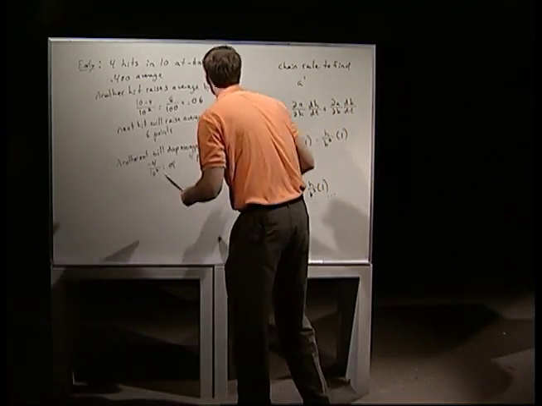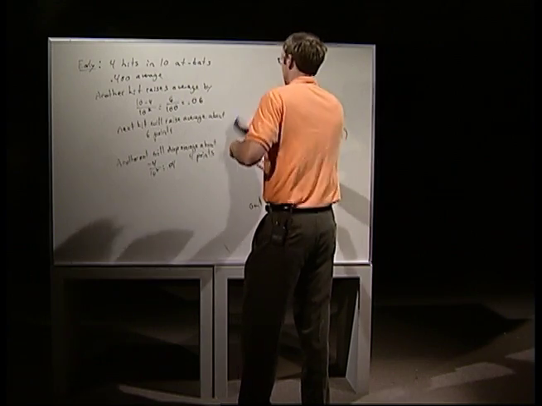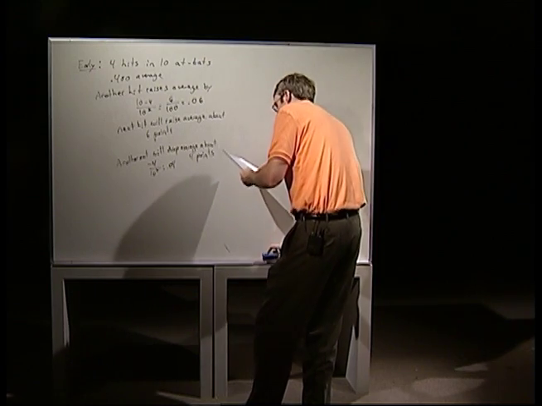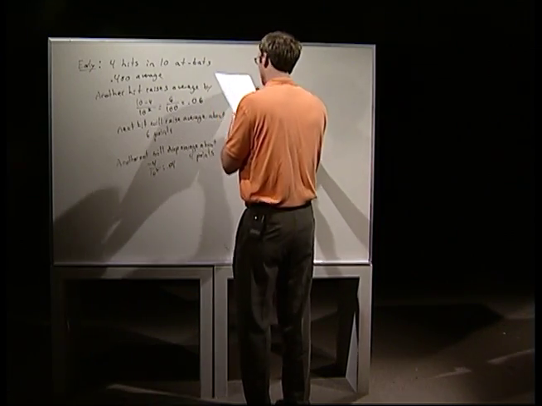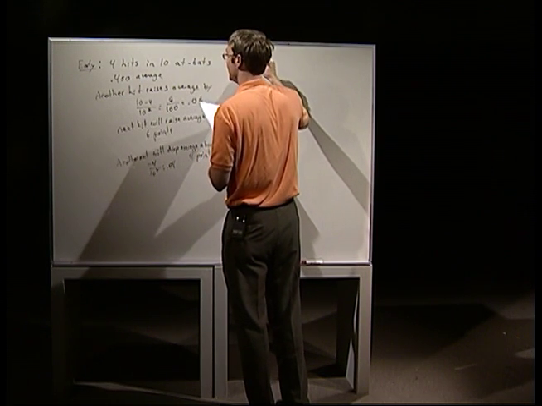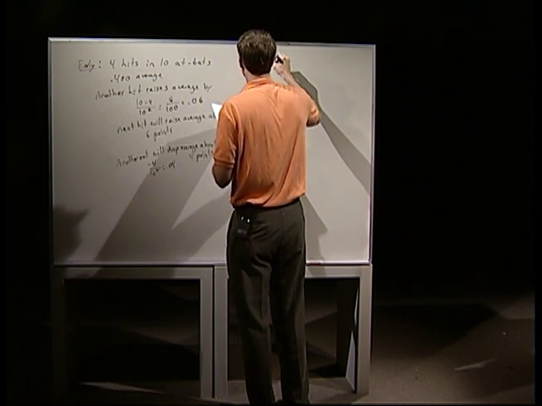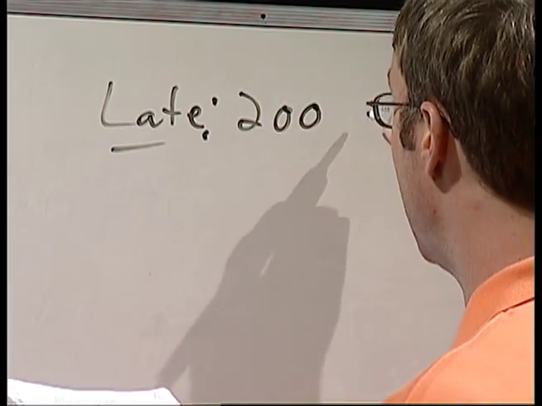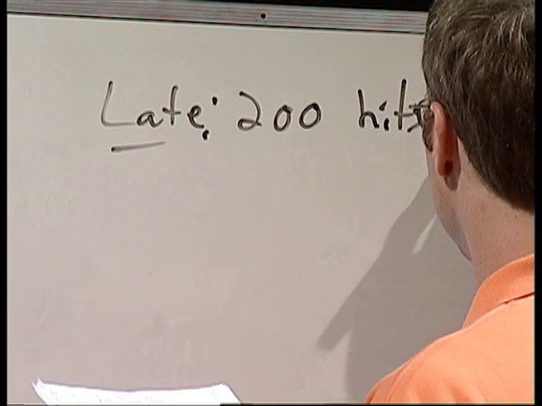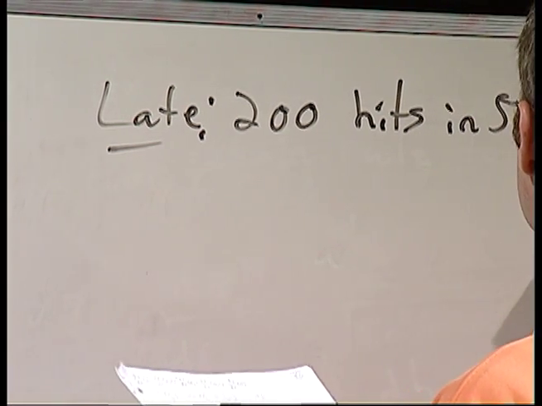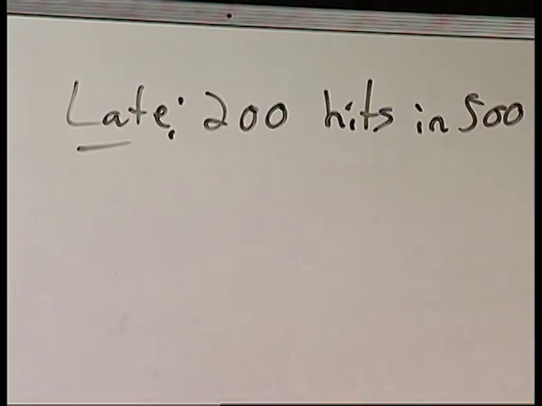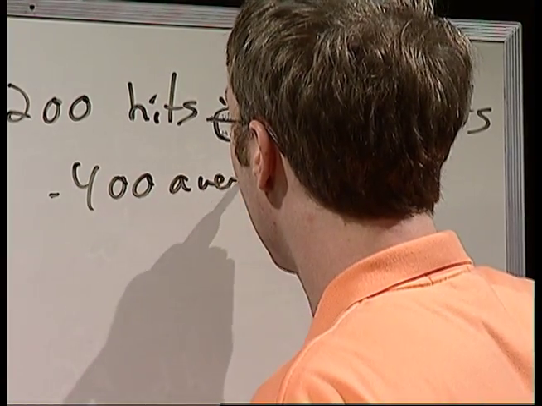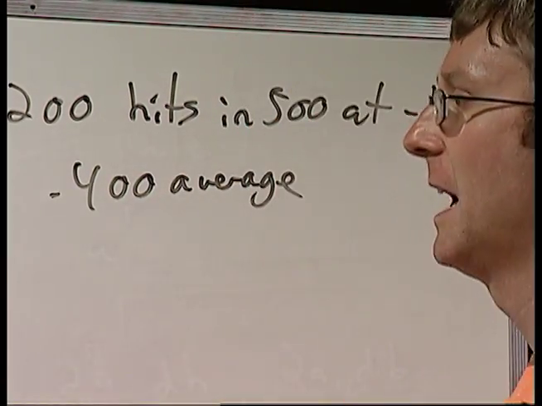But let's suppose we go to the end of the season. Say late in the season, maybe you've still got a .400 average, with 200 hits in 500 at-bats. Now what's going to happen?